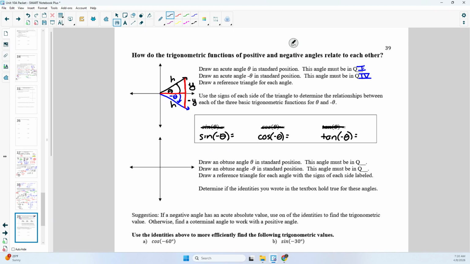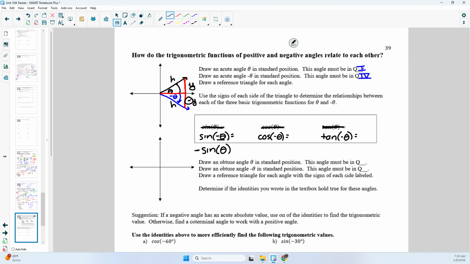They have the same numbers: the y value would be the same because the angles are symmetric, and the hypotenuse would be the same the way I drew it. So the sine of the negative angle is the same as the sine of the positive angle, but I would have to make that negative to match the negative that's on there.